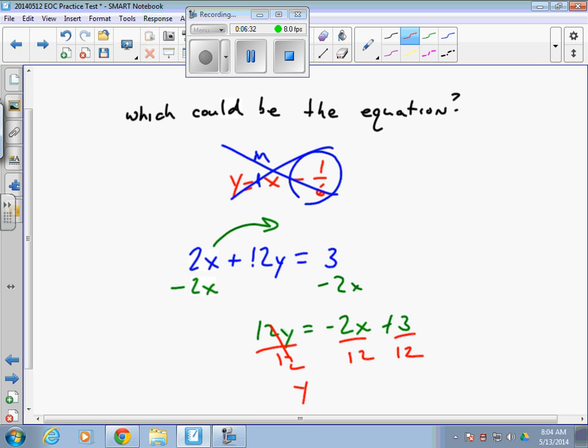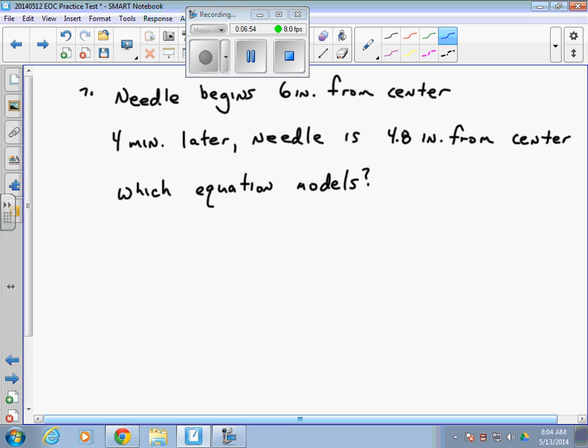It'll cancel. y equals -2/12. The number 2 goes into both. It goes into itself -1 time, and into 12 6 times. Plus 3 goes into itself once, and then into 12 4 times. So you can see what your m value is of that last one, -1/6. That's the slope you were looking for, mx plus b.